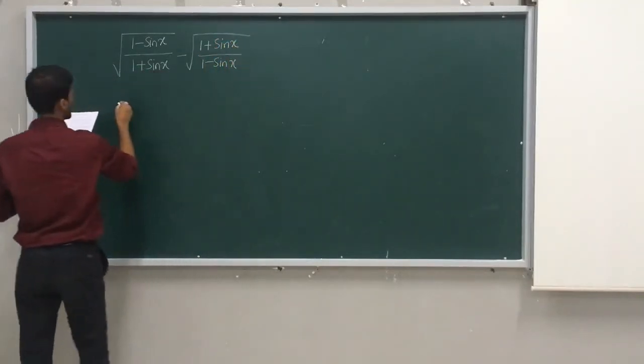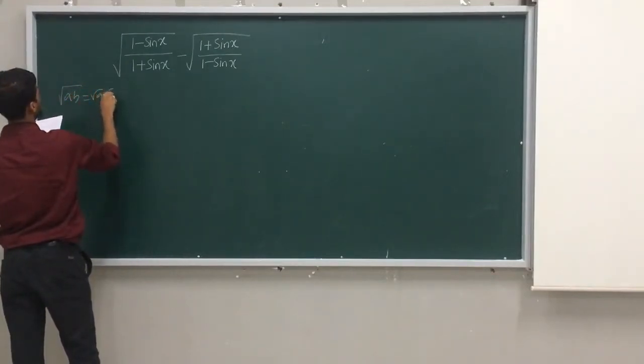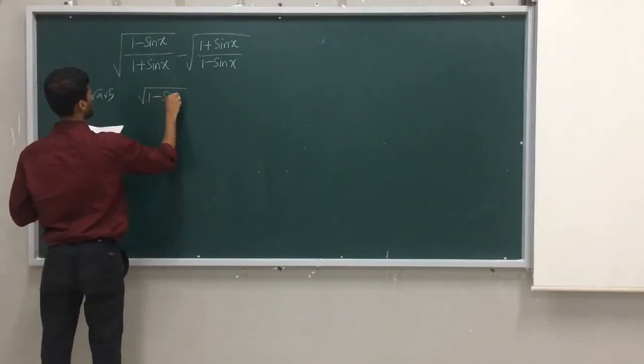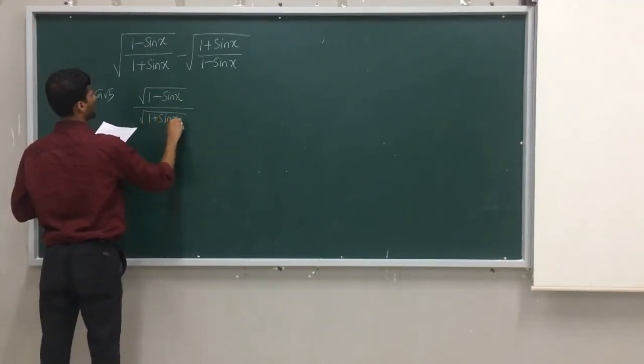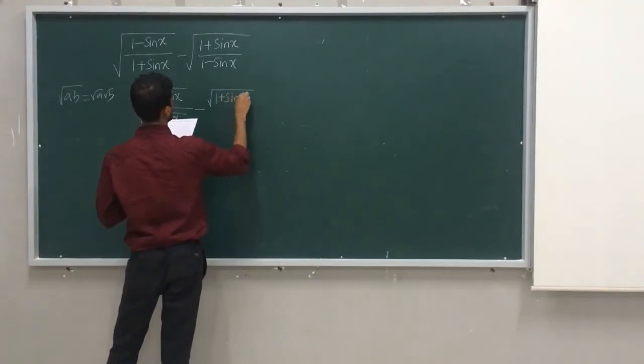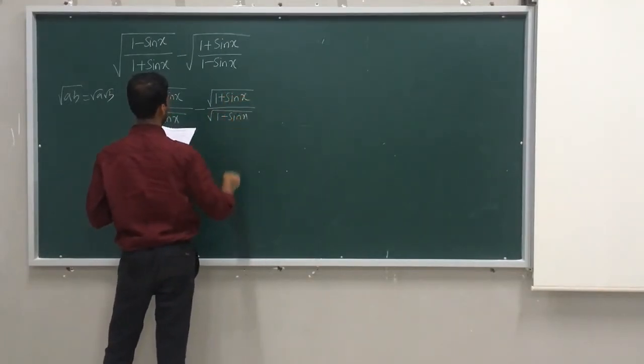We all know that root of AB can be written as root A into root B, so we'll use that here. Let me check this.